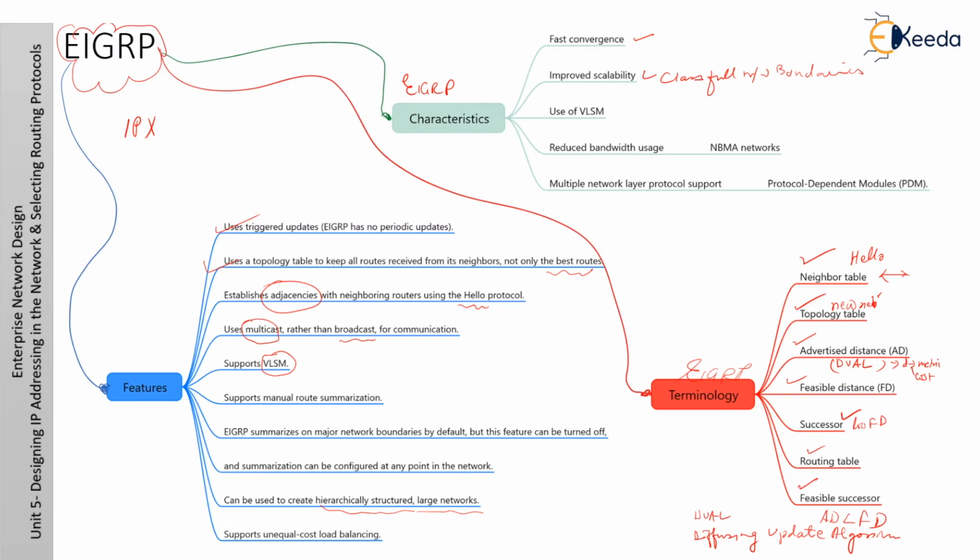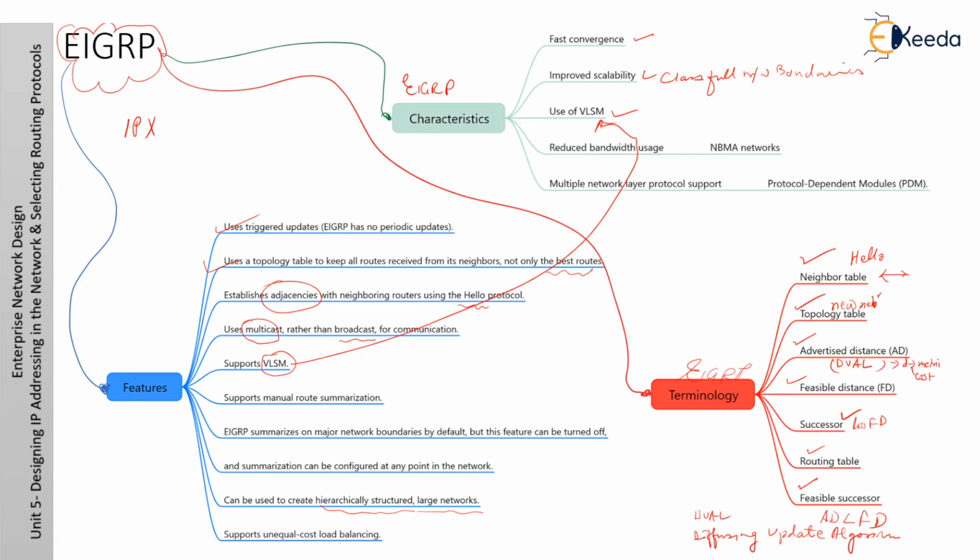Now come to use of VLSM. What is VLSM? It is variable length subnet masking. If we are using a classful network, then it is not VLSM, it is FLSM, fixed length subnet masking, and if we use classless, then it will be variable length subnet masking.